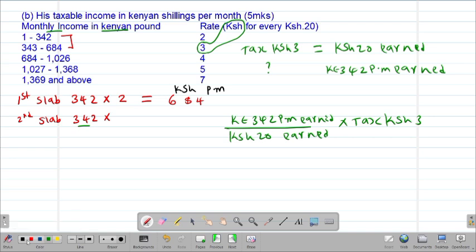Clearly you can see that the Kenya shillings cannot cancel with the Kenyan pounds. Therefore, we know that 1 Kenyan pound is equal to 20 Kenya shillings.